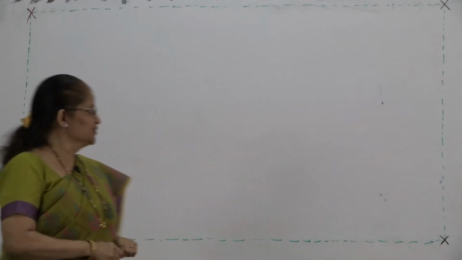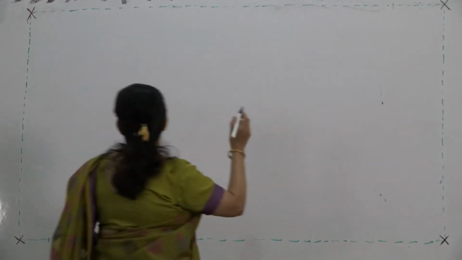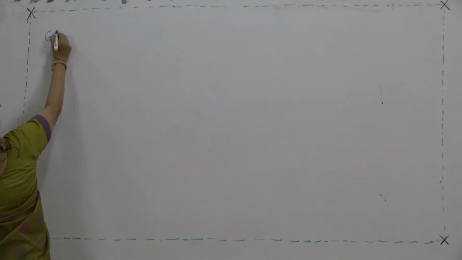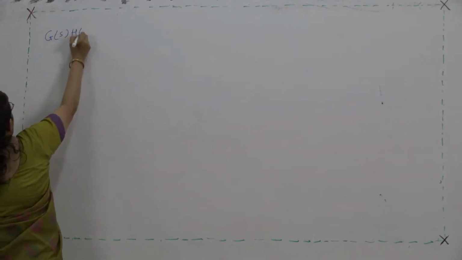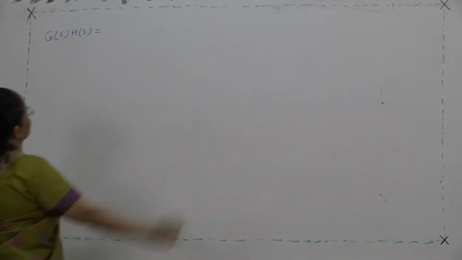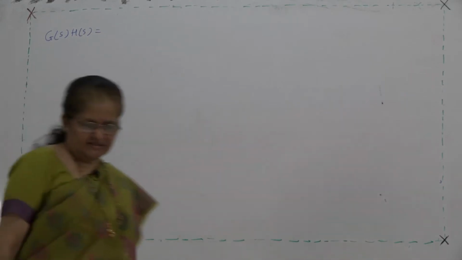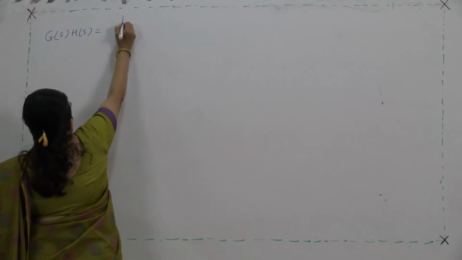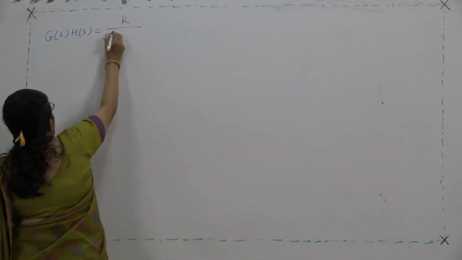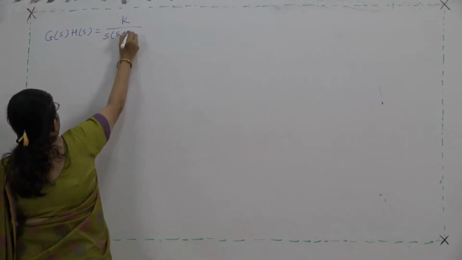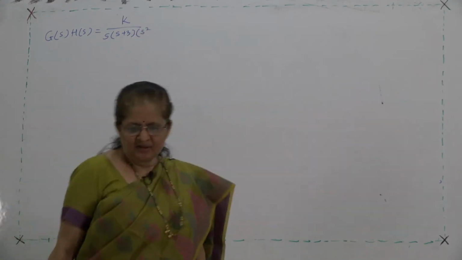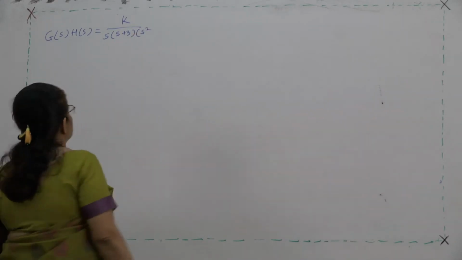A feedback control system has an open loop transfer function G(s)H(s) is equal to K upon s into (s plus 3) into (s square plus 2s plus 2).